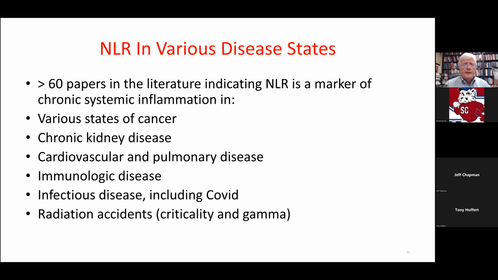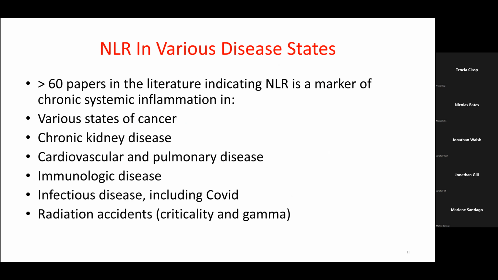There are over 60 papers in the literature indicating that the neutrophil lymphocyte ratio is a marker of chronic systemic inflammation: various cancer states, almost all cancers, chronic kidney disease, cardiovascular and pulmonary disease, immunologic disease, infectious disease, including COVID. A Chinese group published that if the neutrophil lymphocyte ratio is significantly elevated, it bodes badly for the pulmonary aspects of COVID.